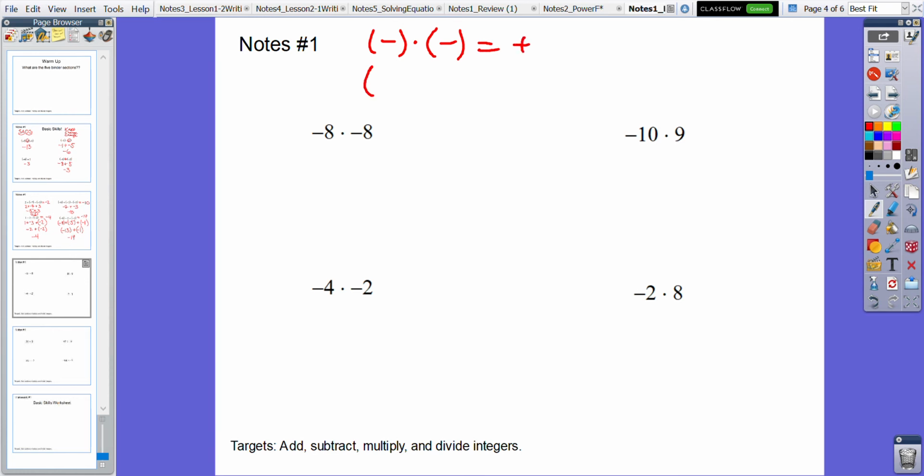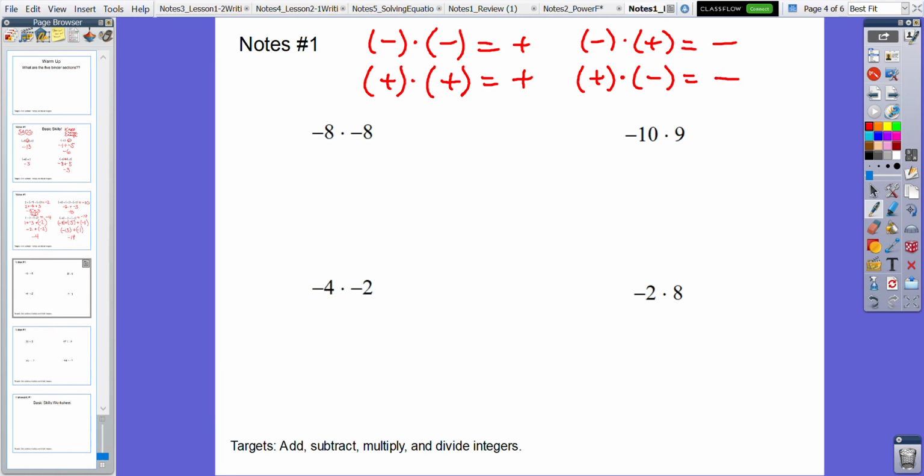Or same with a positive times a positive number, that gives me a positive number as well, okay? On the other hand, if we have a negative times a positive, that gives me a negative number back. And then if we have a positive times a negative, that's going to give me a negative number back here.